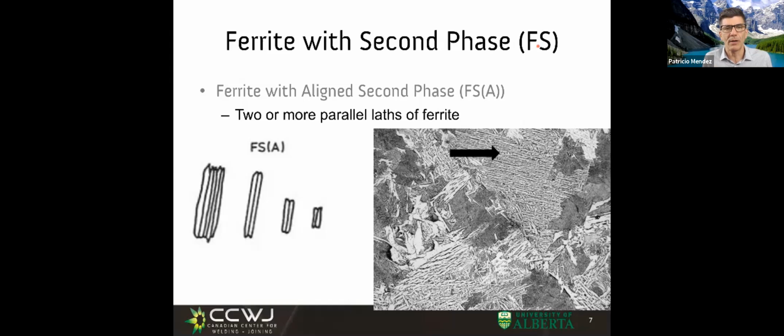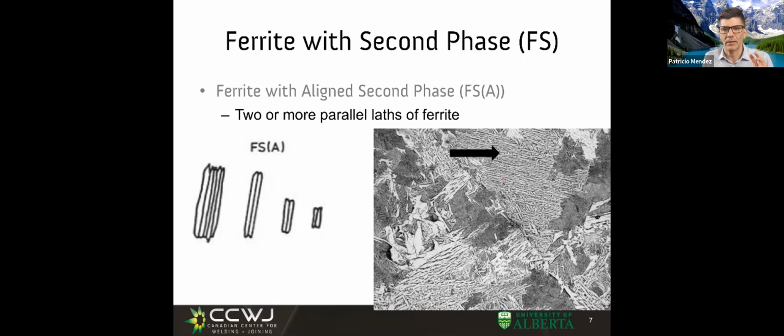An important one is called FSA, and it means ferrite with second phase aligned. And you get to see them here where we are pointing with the arrow. You get to see a very clear texture, with the ferrite that we call laths, the laths of ferrite, and in between we have this darker thing that is this second phase. We don't need to worry about what that is, but in an iron carbon diagram, it is cementite, right?